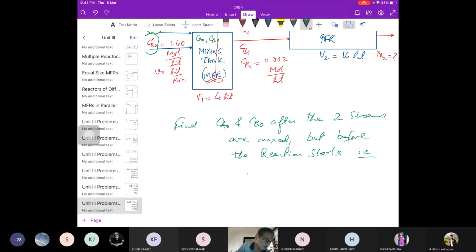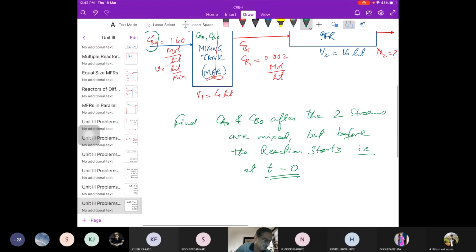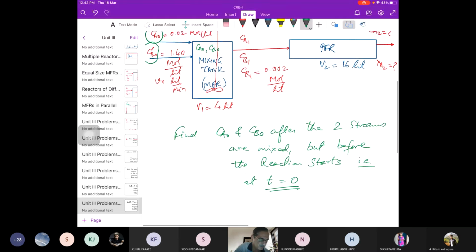That is at time equal to 0. Assuming that it is instantaneously mixed, so what is the concentration of CA and CB at time t equal to 0? Can you find out?